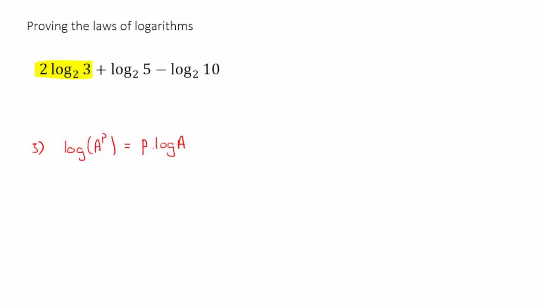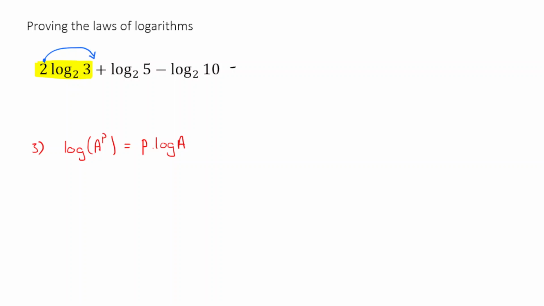And it works the opposite way around, right? If I've got P times log A, I could also choose to write that as log A to the power of P. So if I apply that rule to what we've got here in yellow, I can take that 2 and make it a power of 3. So that's what I'll do.